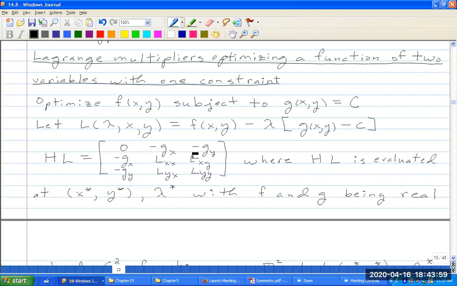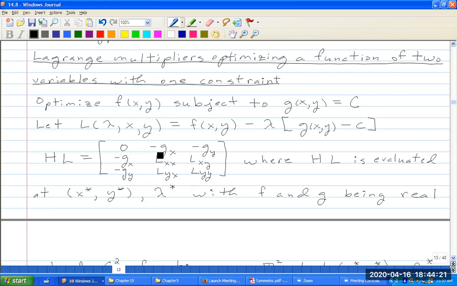And then in here, remember this was the form 0, and then they had the minus dg and the minus dg transpose, and then there was this d squared of L, and so that's going to be this guy here.